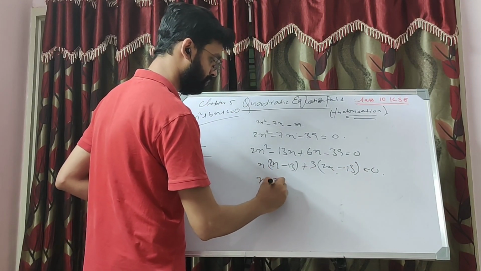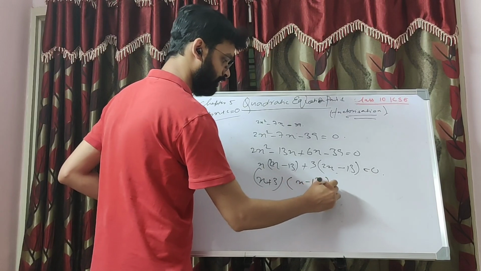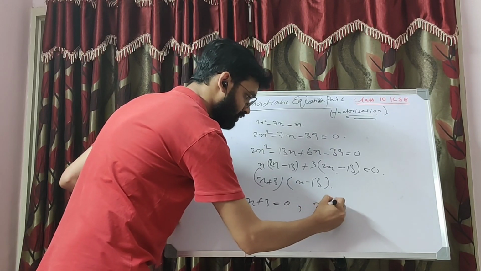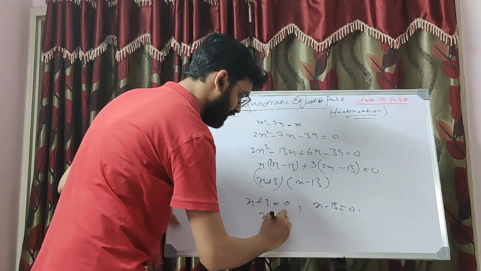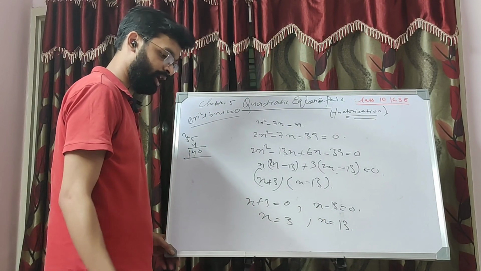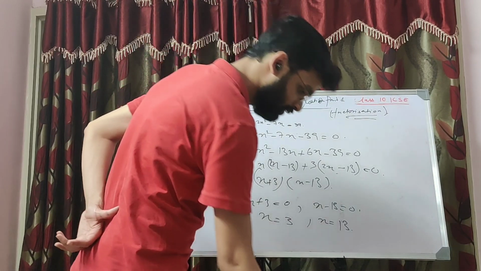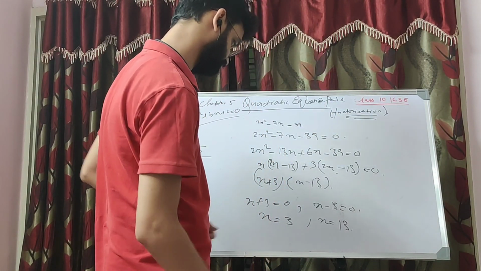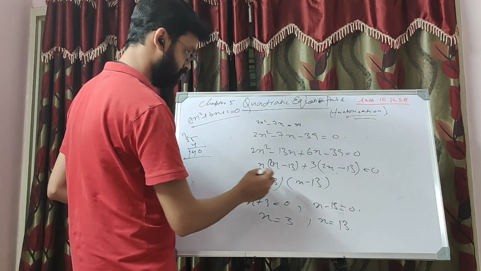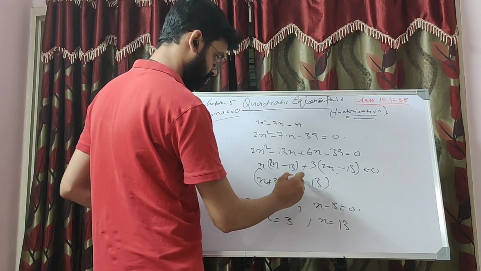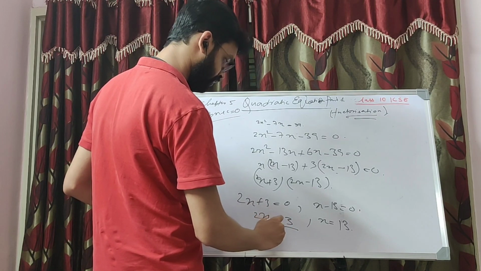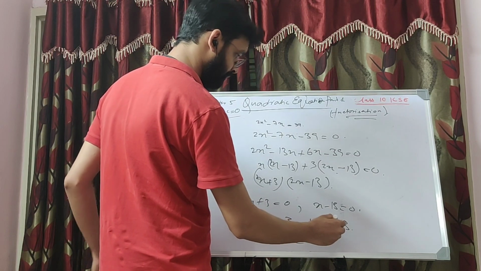So my two values are x plus 3 and 2x minus 13. So I can get two values, that is x plus 3 is equal to 0 or 2x minus 13 is equal to 0.